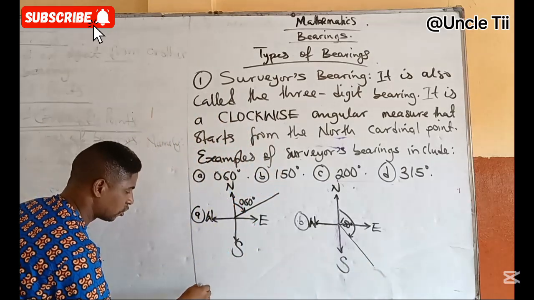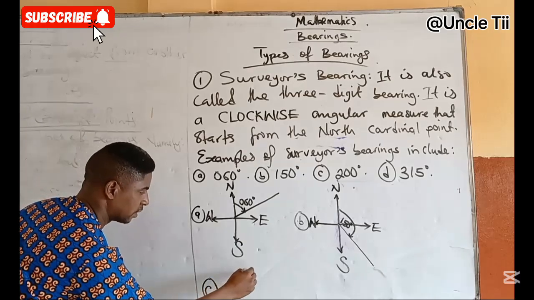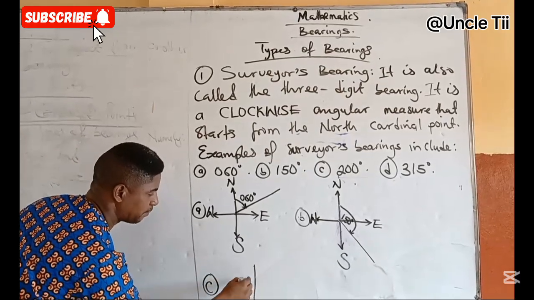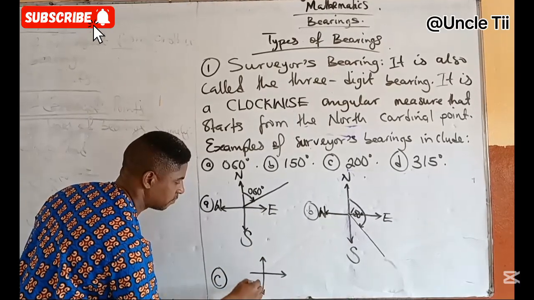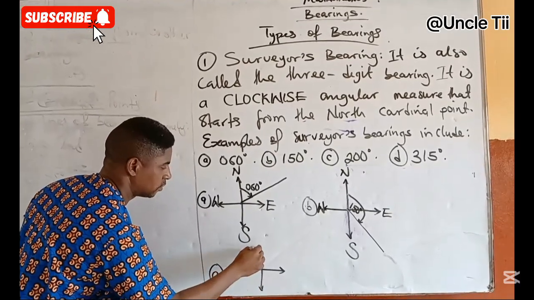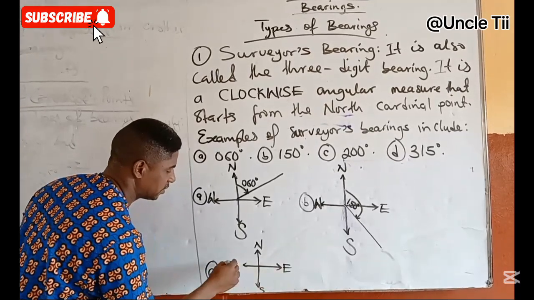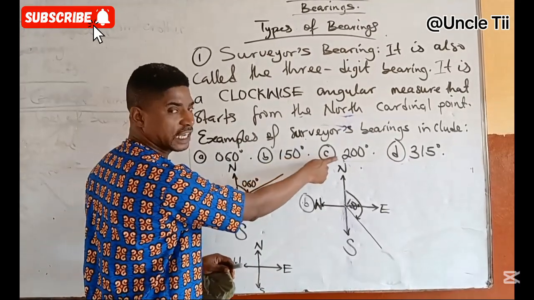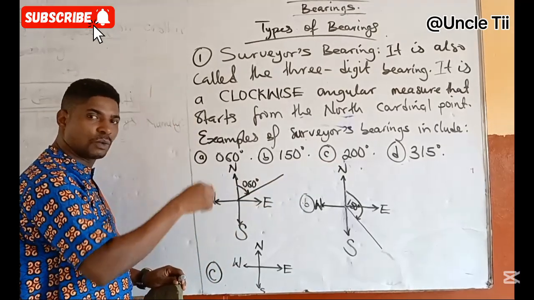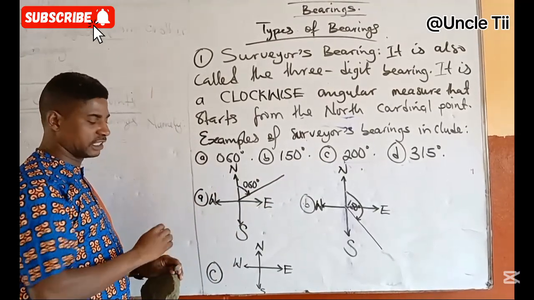Now, let's take the third one, C. Again, we draw our 4 cardinal points: north, south, east, and west. 200 degrees is more than 180 degrees, but less than 270 degrees.